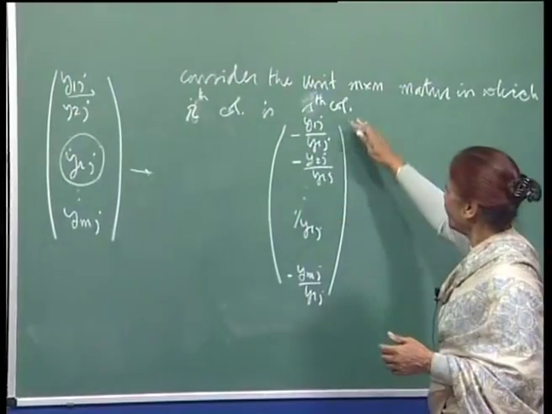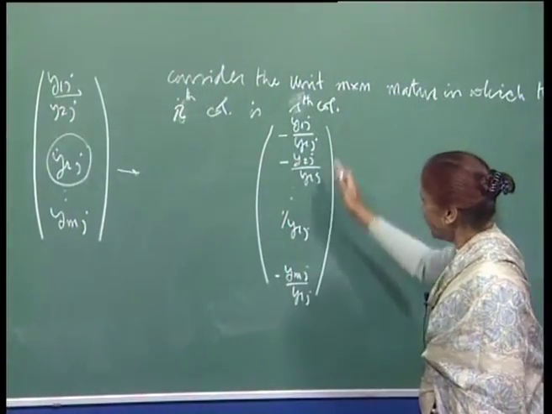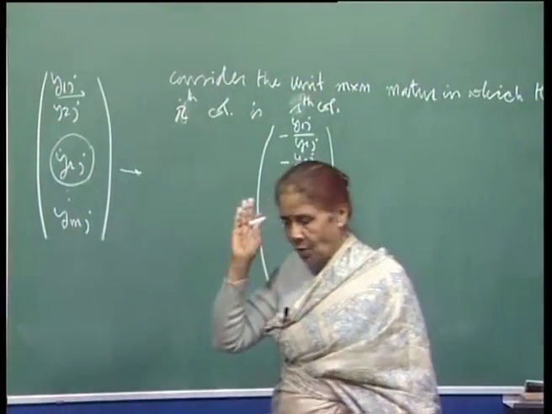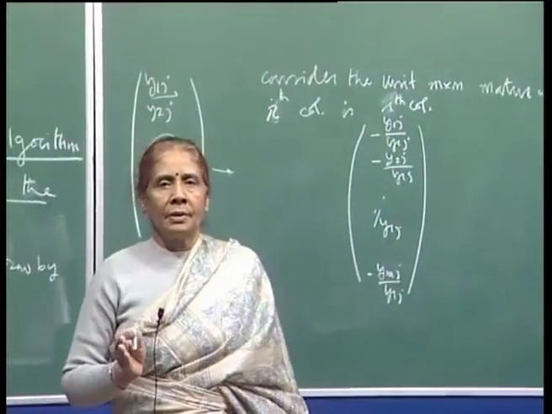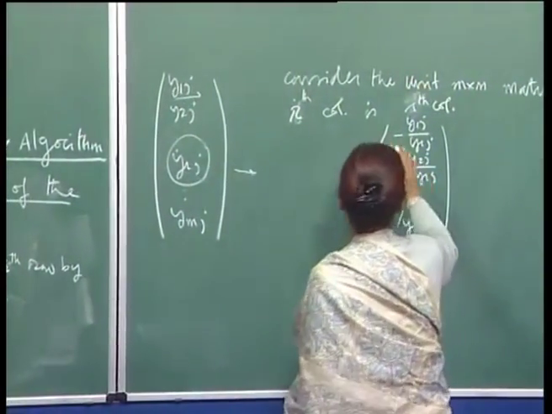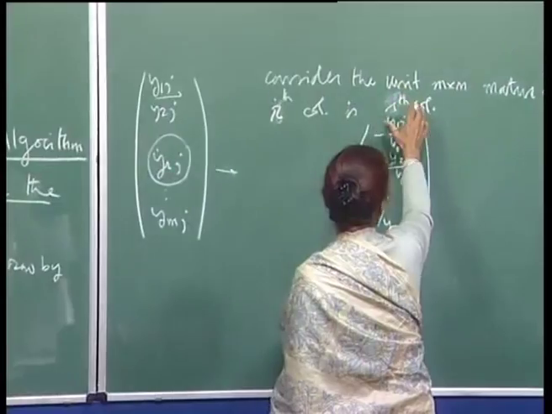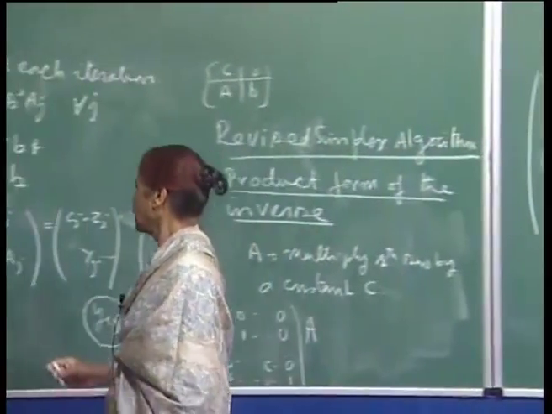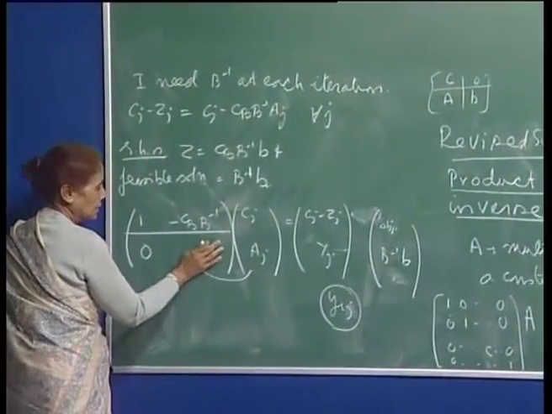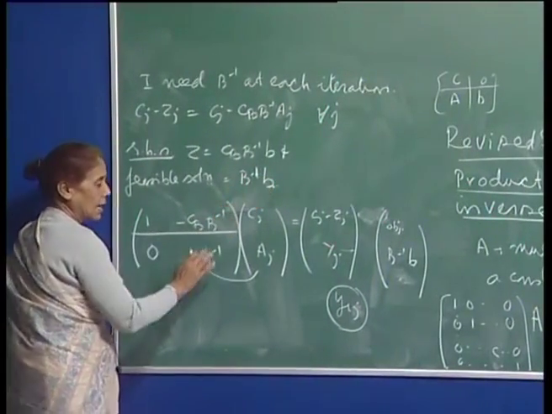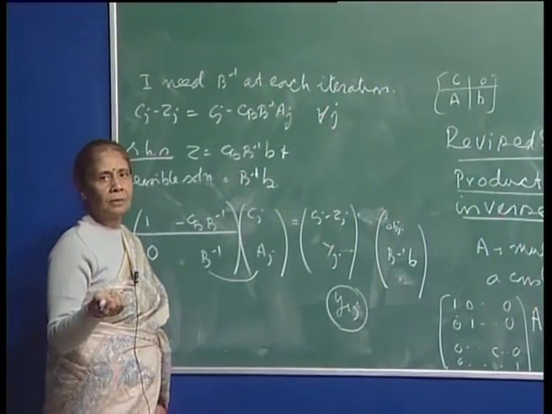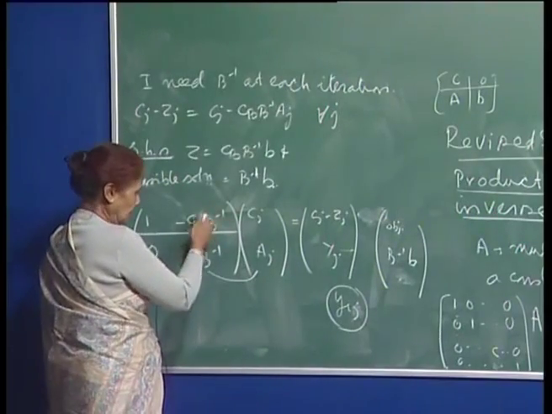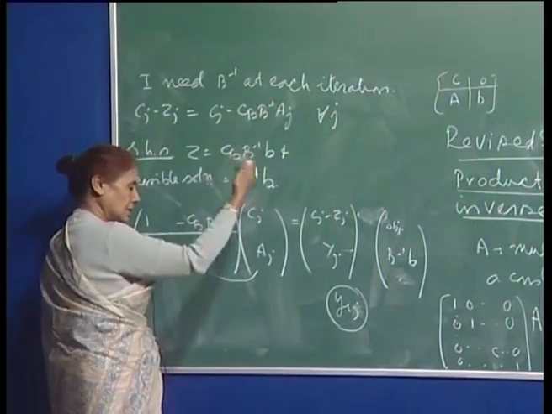So these are all the pivoting operations that you do, right. So I replace the rth column of the unit matrix by this, and then if I pre-multiply the current basis inverse by that matrix, I will get the new basis inverse. And of course, I have not done the calculations for this also, but the same thing will apply.